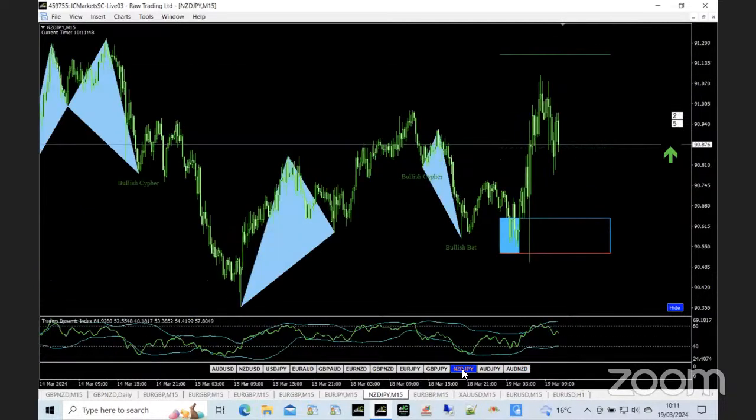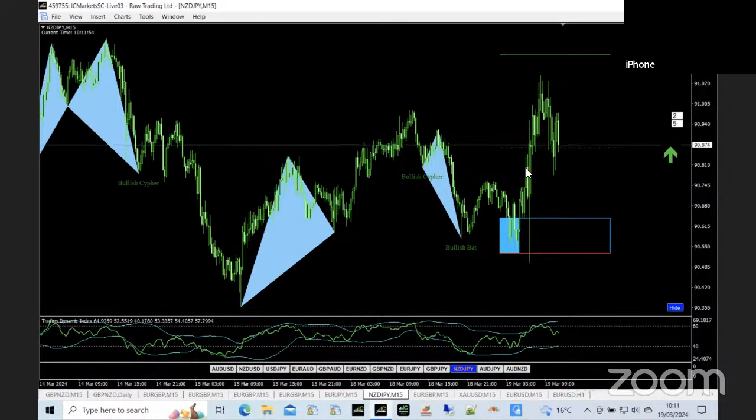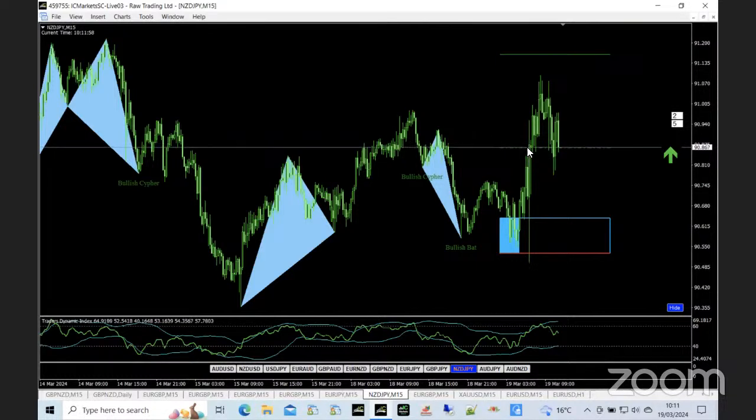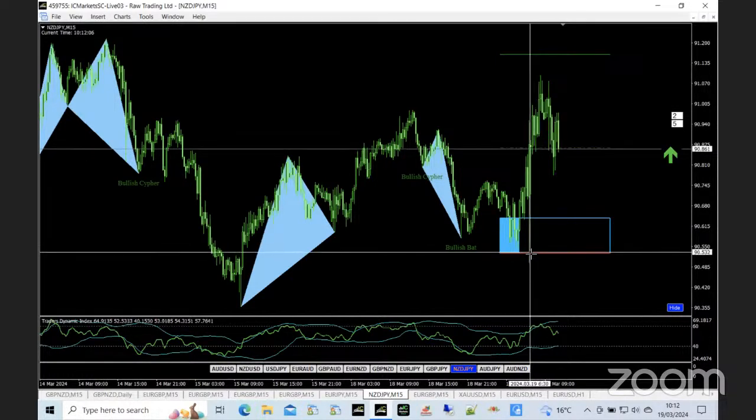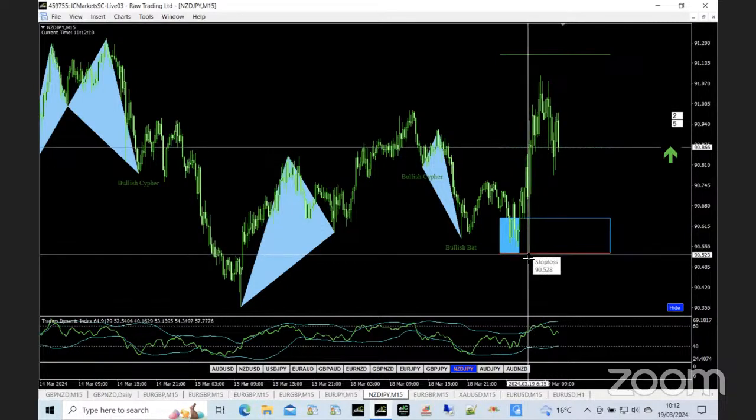And New Zealand yen. Okay, this was also a trade. It hit the stop loss actually after going to the 2x. So now there are 2 ways of using this as a stop loss. Me personally, I don't like to put the stop loss directly at this level unless it closed below it.